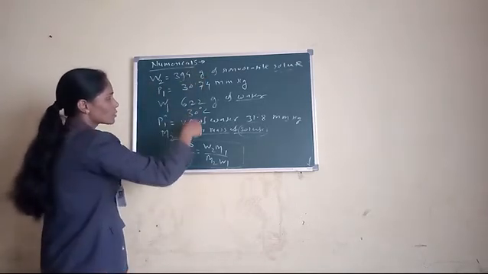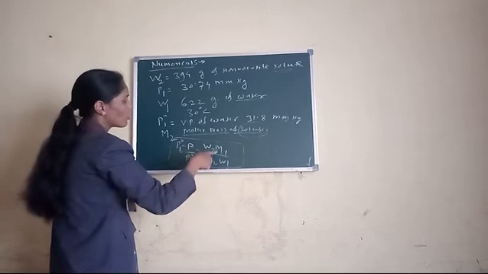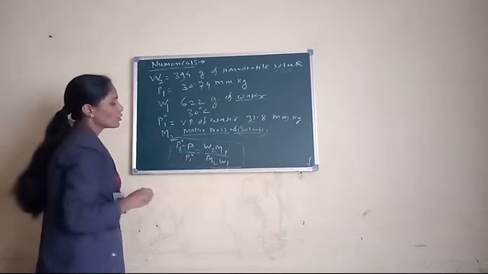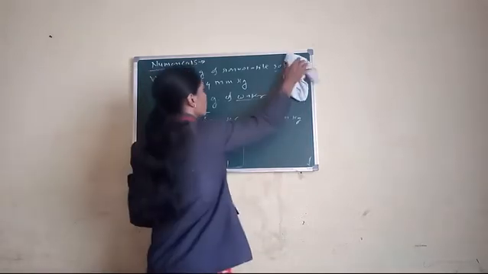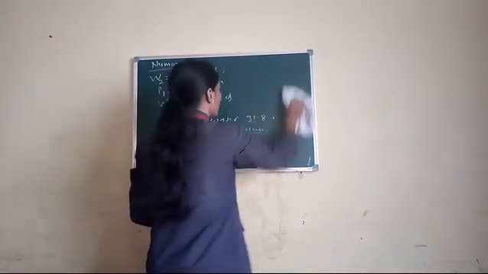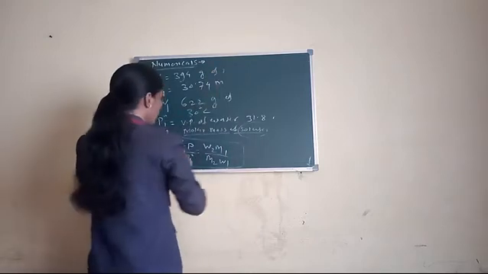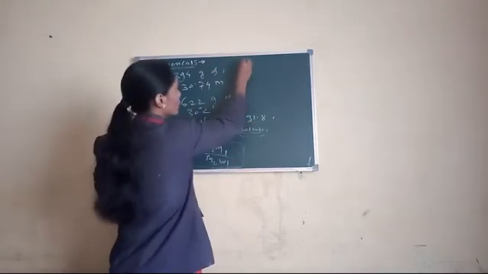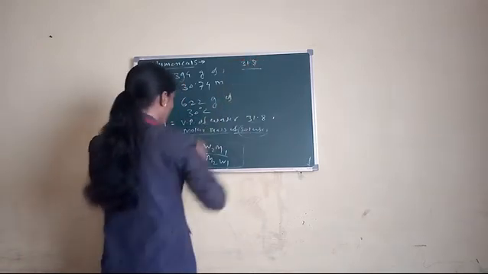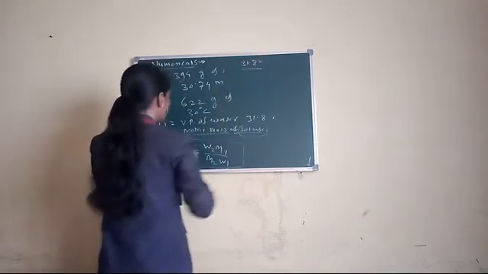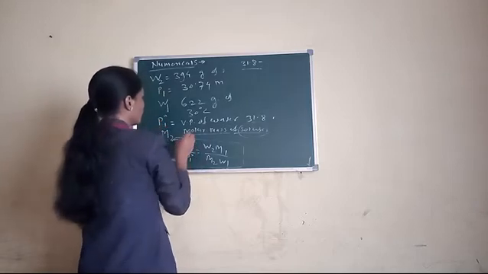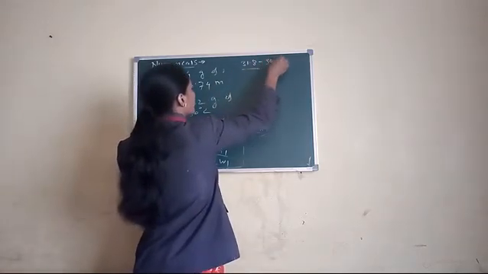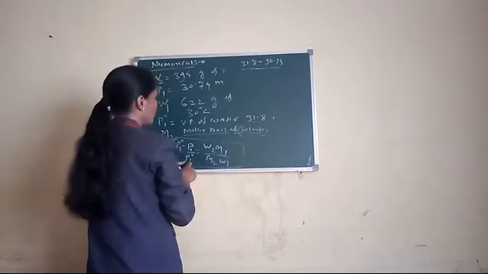By putting these quantities in this formula, we get the molar mass of solute. P1 naught is 31.8 minus P1, which is 30.74, upon P1 naught 31.8.